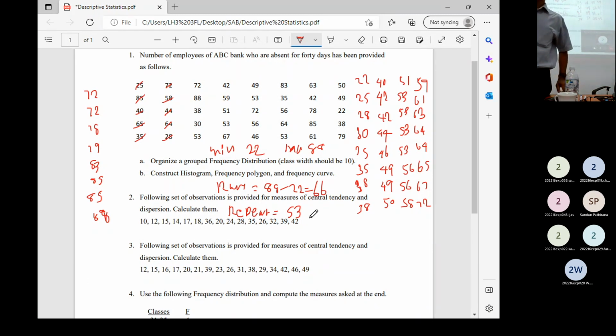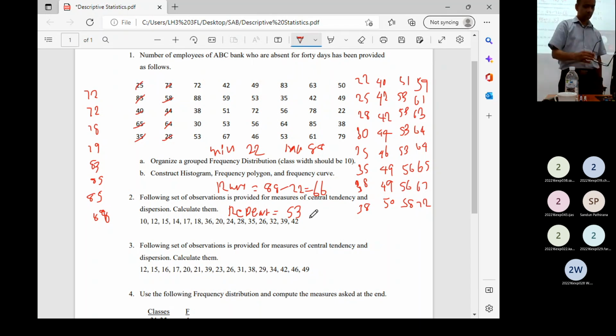If the frequency is provided to the observations, that is called an ungrouped frequency distribution.